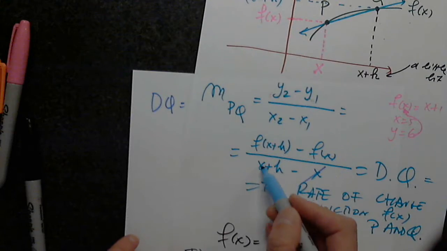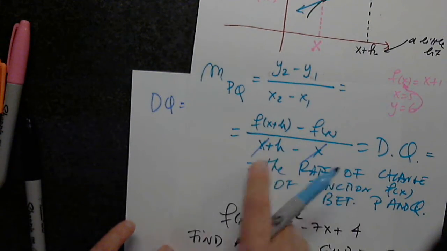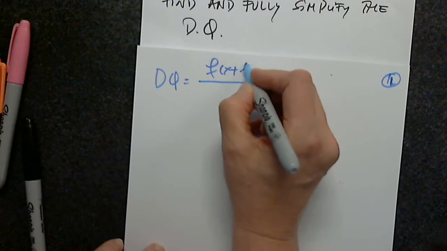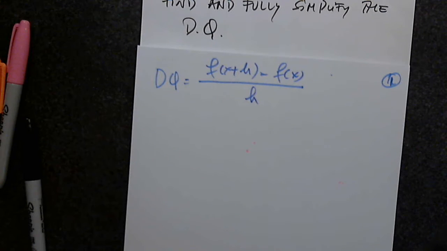Sorry. So we simplify these 2, of course. So this is f of x plus h minus f of x over h. So the difference quotient is f of x plus h minus f of x divided by h. I will say this, even in pre-calc, if you take pre-calc, you have to memorize it.